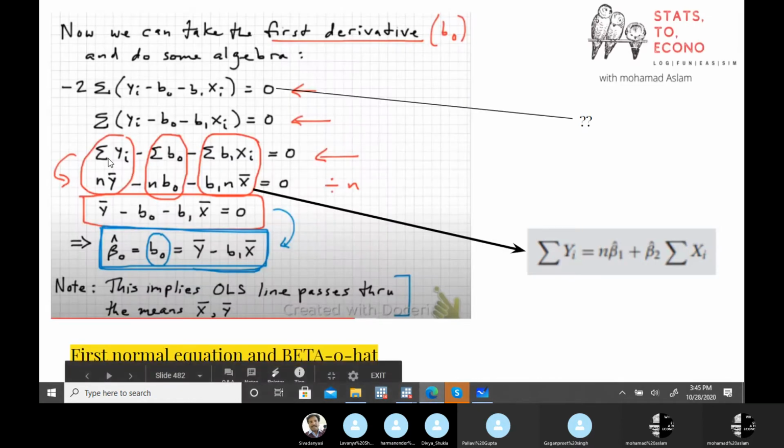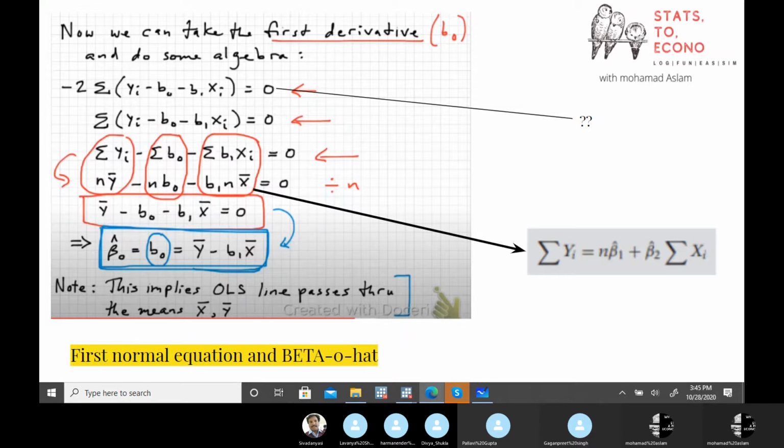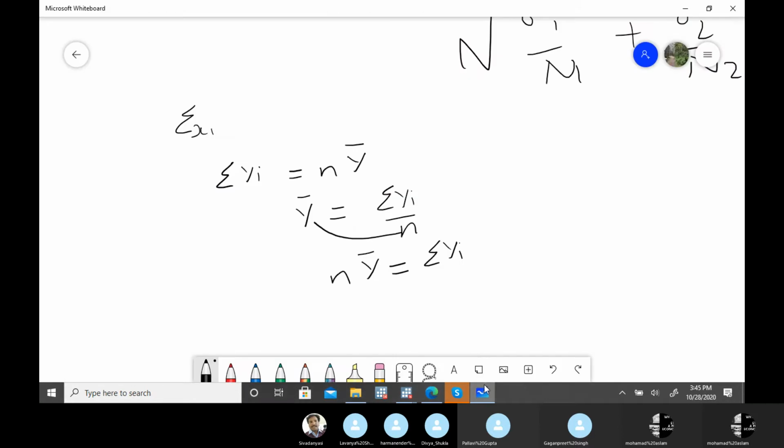So in place of summation yi, we can write n multiplied by y mean. This is because y mean is equal to summation yi upon n, so you can take n to this side.